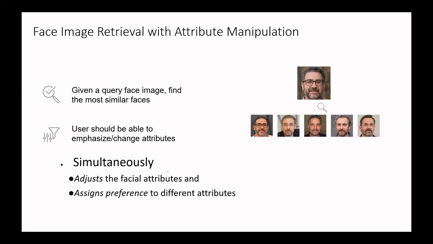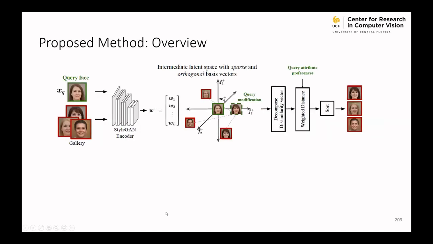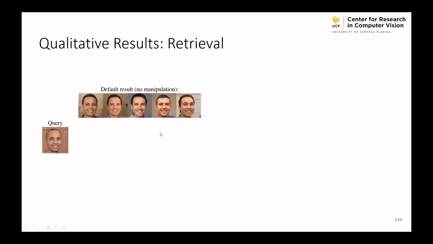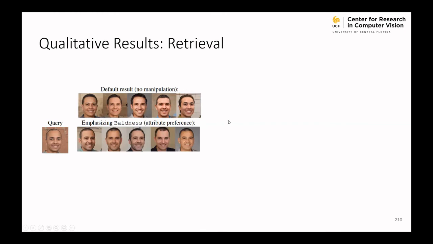So we simultaneously adjust the facial attributes and assign preference to different attributes. So we have this method. I'm going to skip that, but let me show you what we can do. So let's say this is a query. So these are the base matches of this guy. Now what we want to do is get only those who are bald.